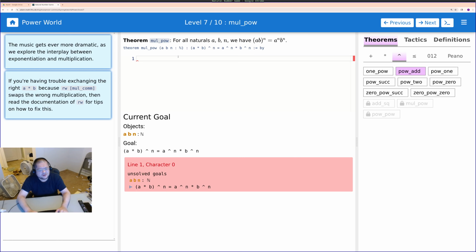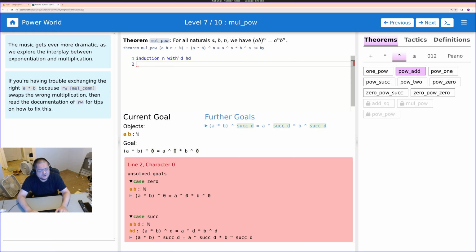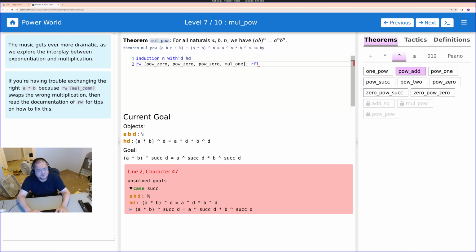Multiply power. This looks like induction on N. Great. Base case done. Now we're going to handle inductive case.